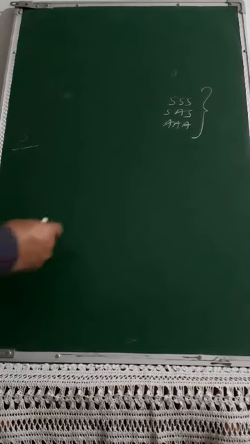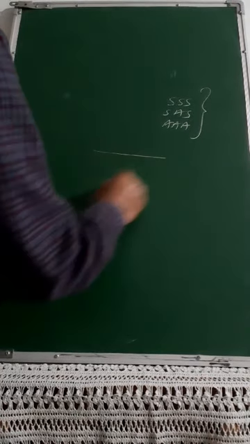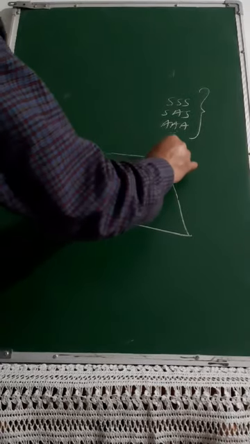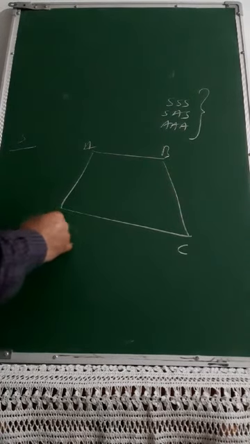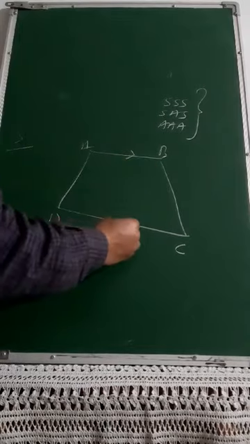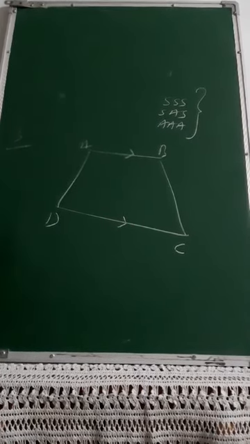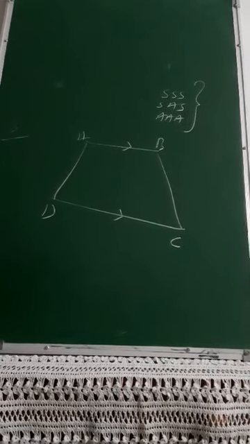So question number 3, once again: diagonals AC and BD of a trapezium ABCD, because I shared this type of question with you right now in your previous exercise, question number 9 and 10. And in a trapezium, you know the opposite sides are always parallel. So AB is parallel to CD.